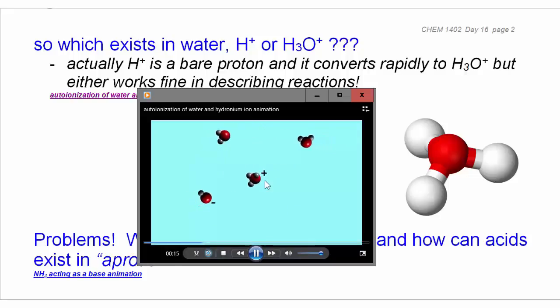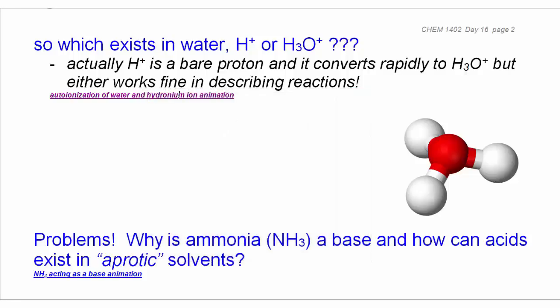Nowhere is there an H+. It always exists as H3O+. But for our intents and purposes here, we can use and get by with H+. And it gives us all the right answers. It's easier to write. You don't have to worry about adding this extra water all the time. So we're kind of just sticking with it, even though it really doesn't exist in water.